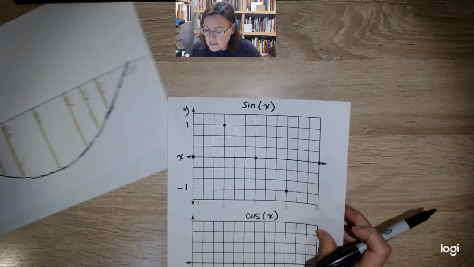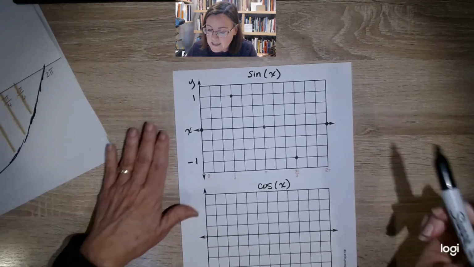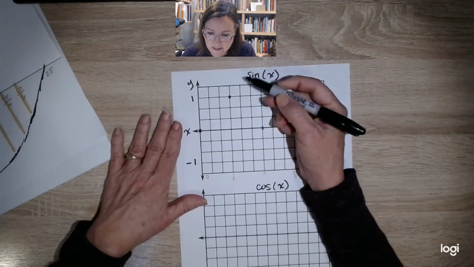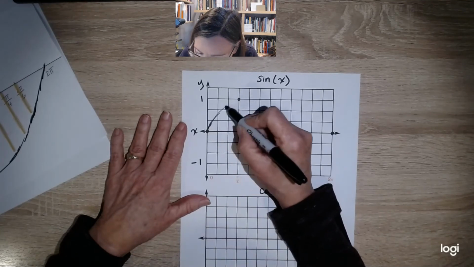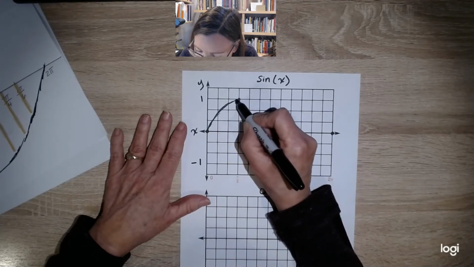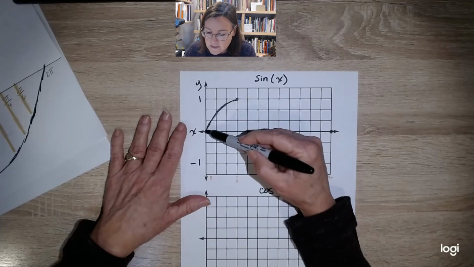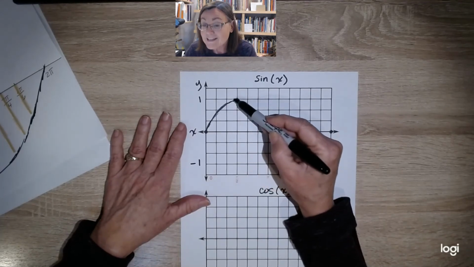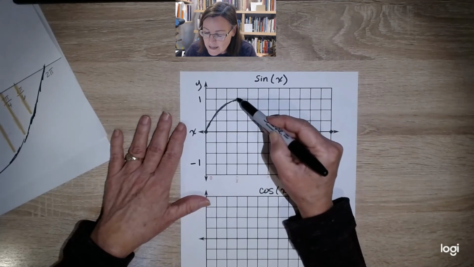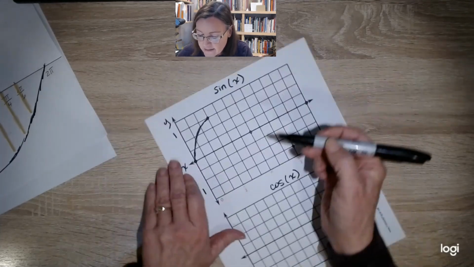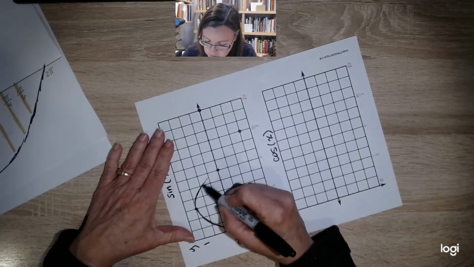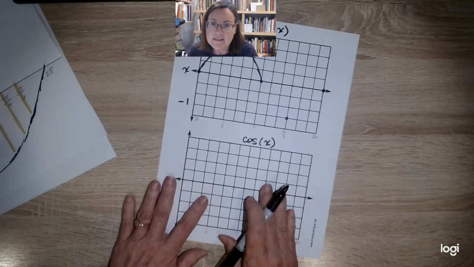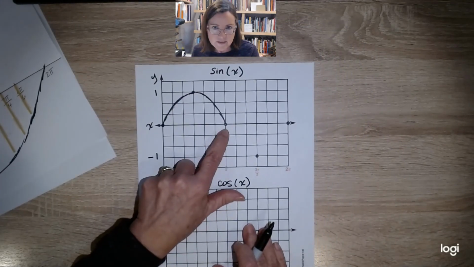This does take a little bit of work and a little bit of practice to get it nicely, but we don't want straight lines, obviously. So I'm going to go ahead and sketch this curve. If you notice, it is going to be increasing at a decreasing rate until it hits that maximum. And then we're going to do the same thing, kind of a symmetrical curve as it hits that 0 point.